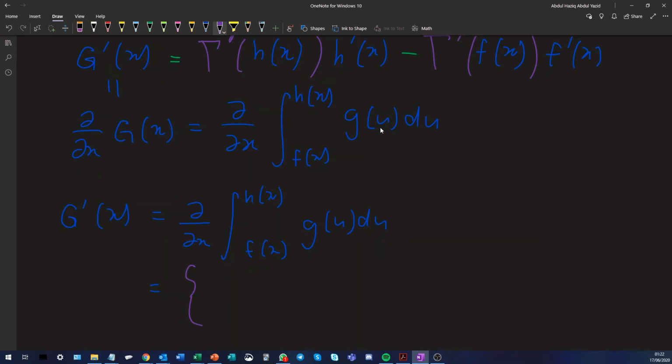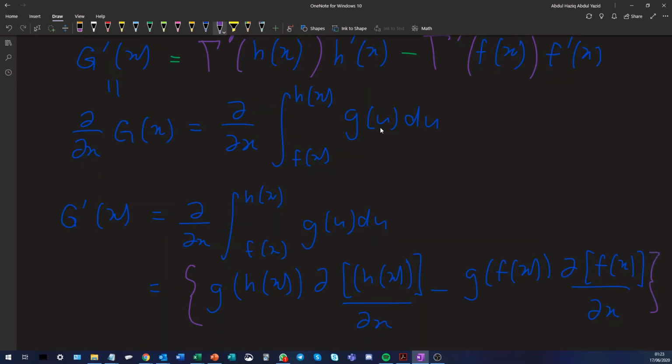Okay, so we will have g open brackets h x here, dou over dou x minus g f x dou f x over dou x.